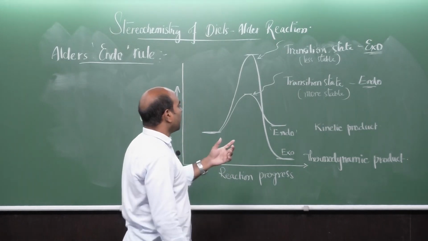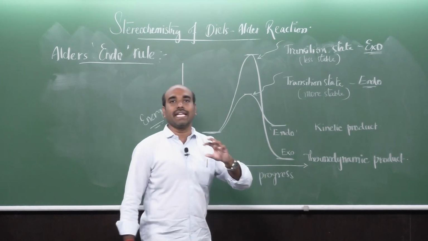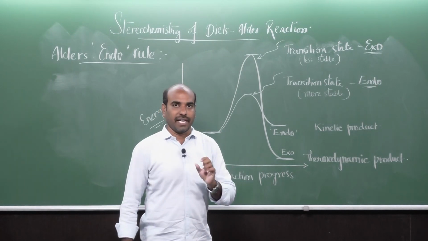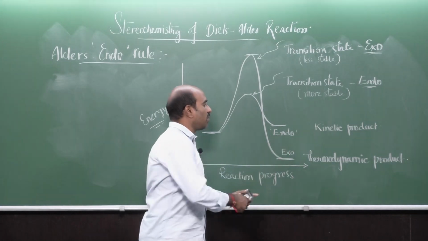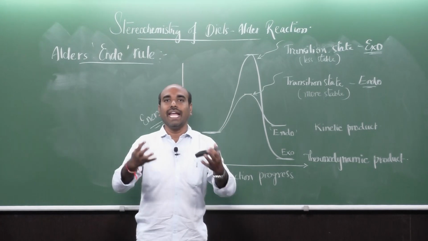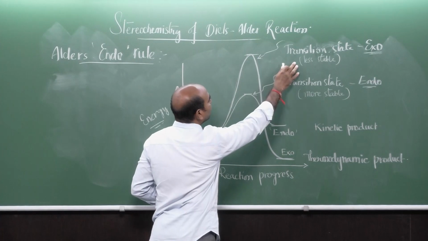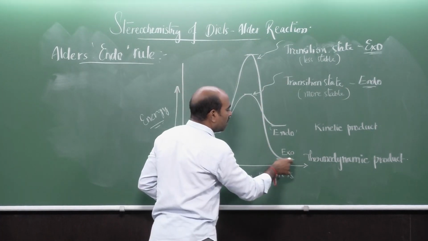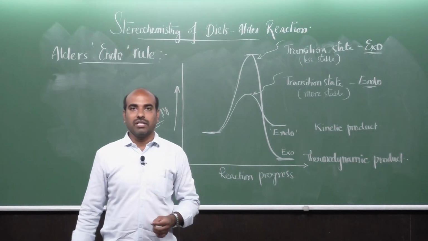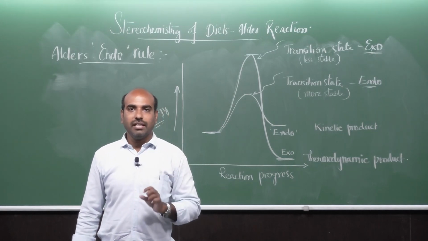The kinetic product, the less stable endo product, upon increasing the energy or prolonging the reaction time, slowly goes back to the reactants, and on gaining extra energy it converts into the transition state of the exo isomer and gives you the thermodynamically stable exo product. Otherwise, you will get the endo product as the major product.